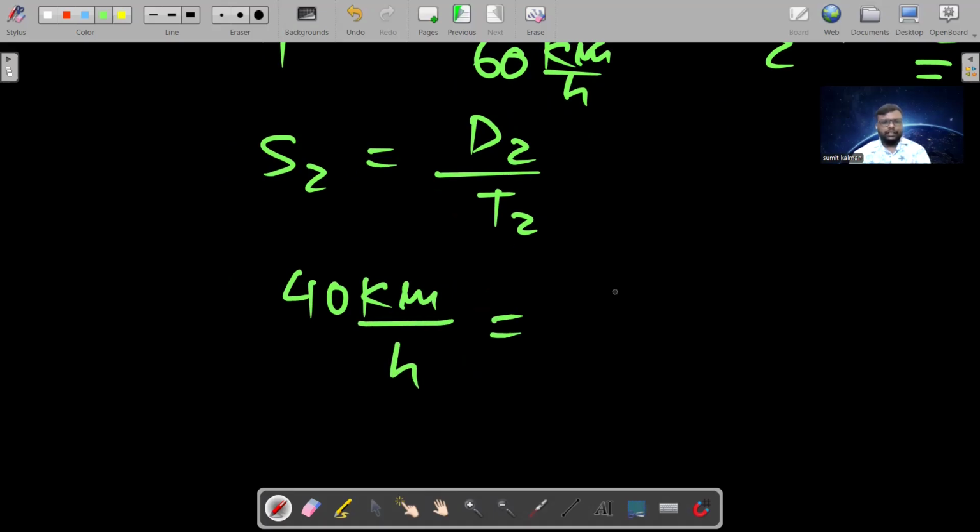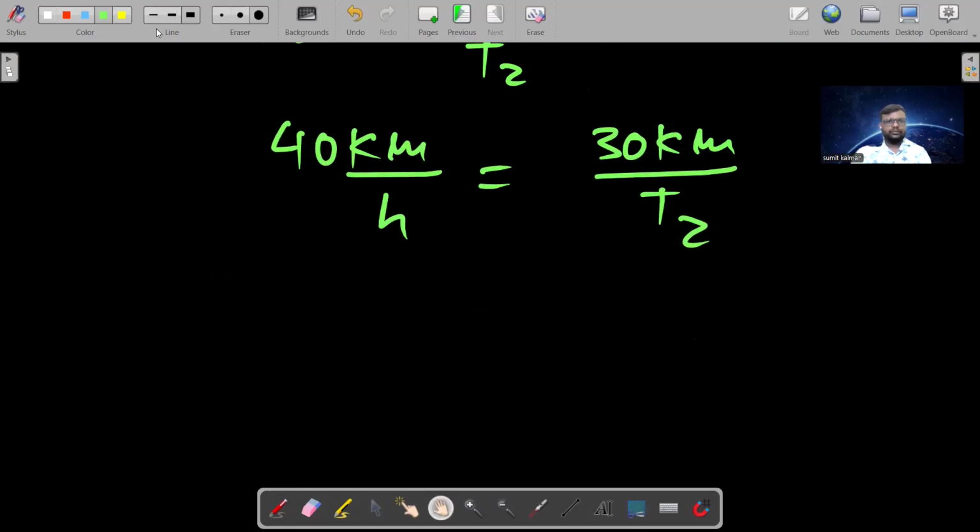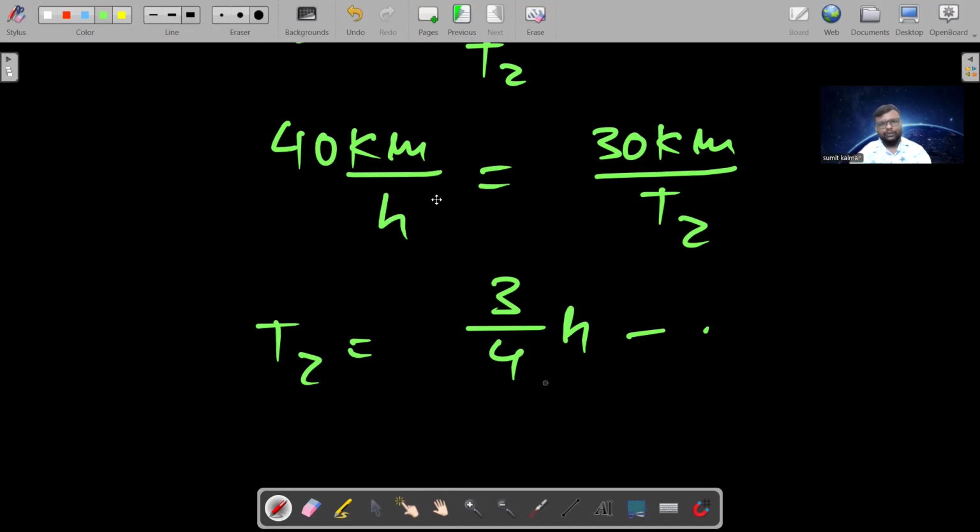And distance is given again 30 kilometer. And time T2 is to be found. So here time T2 is equal to how much? 3 upon 4 hour. It will be 3 upon 4 hour.